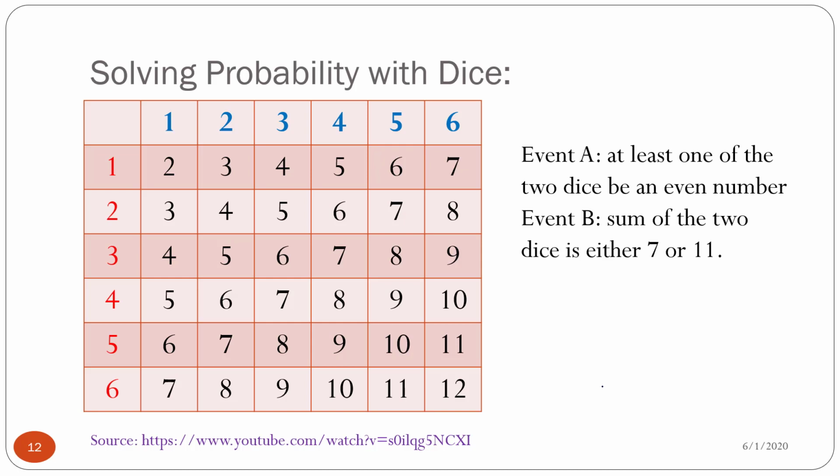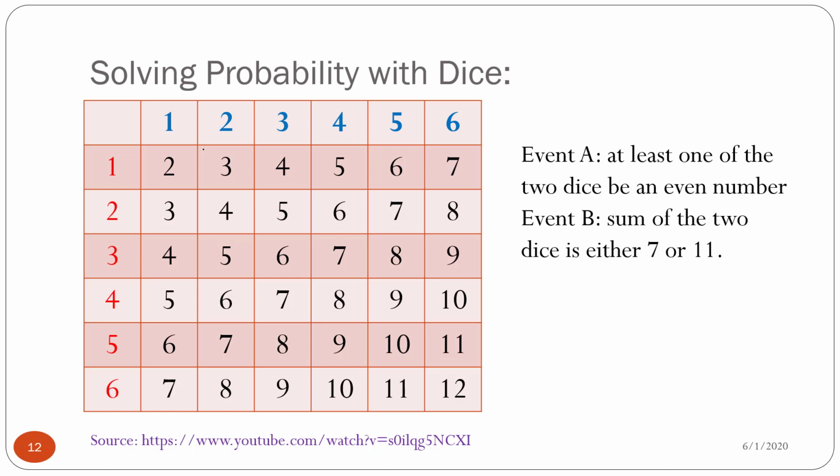The trick is to make a table like this. I have written these numbers in red because they signify the number that shows up on the red dice, and the numbers in blue are the numbers that show up on the blue dice, on the top face.